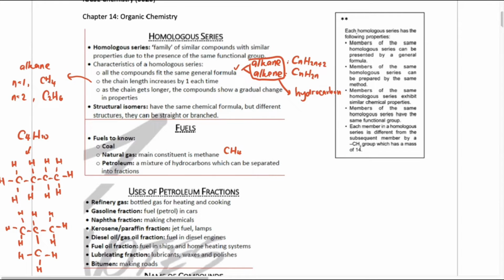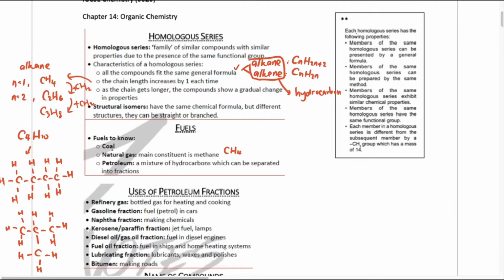You can see from this member to the next member, this is the addition of 1 carbon and 2 hydrogens, CH2. If you want to continue, you add CH2 to it, then you get C3H8, which fulfills the formula here with n equal to 3.